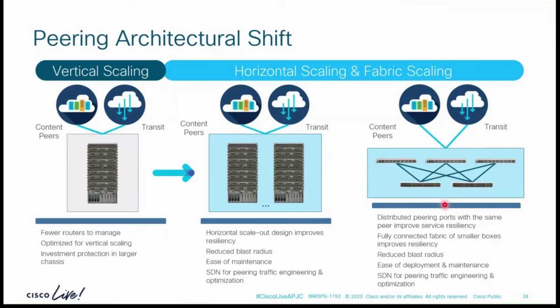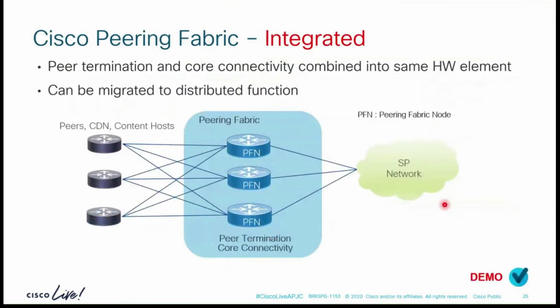So normally the internet gateway starts based on the integrated model. You can see here we use the term PF, Peering Fabric node. So we have this side connection to the peers, the CDN, and the other side connections to the SP backbone network.